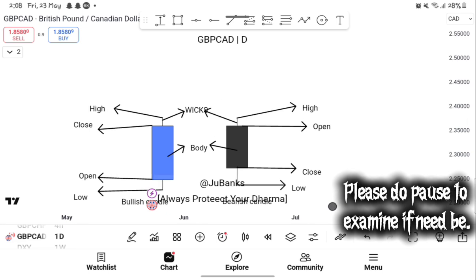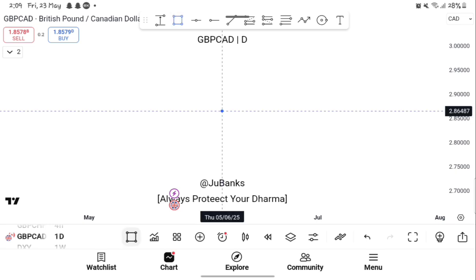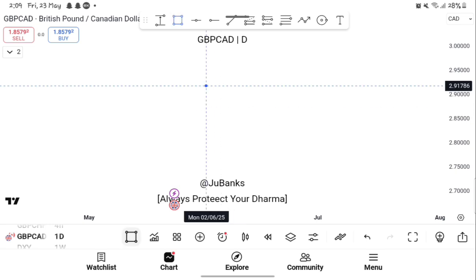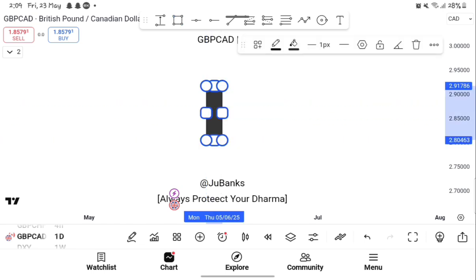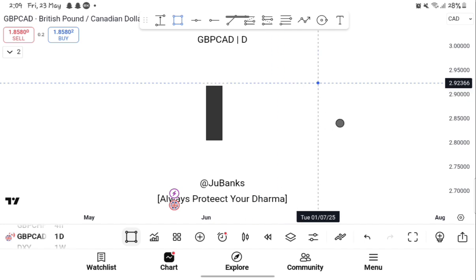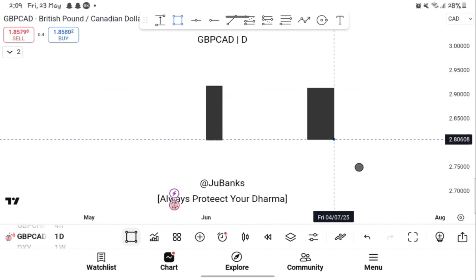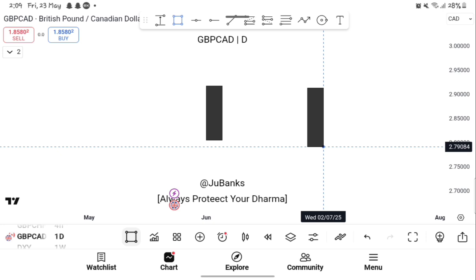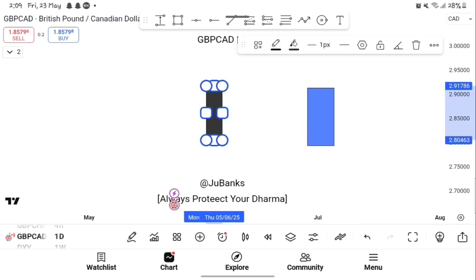Now let's move on to the anatomy of most of the candlesticks that we see on the forex market or any financial markets, right? So let's take this for example. Say this is a bearish candle. Let's also have one for a bullish candle, so we can explain it in both ways, right? Say change it to blue, right?